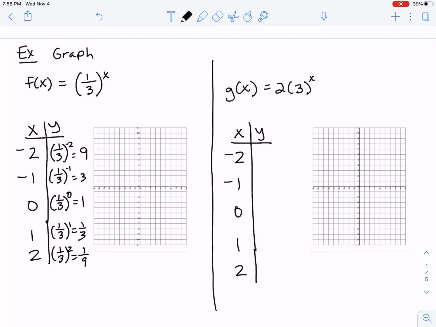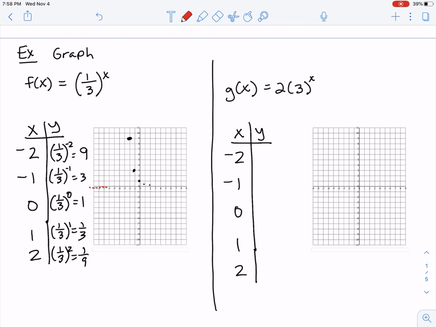So if I graph this and plot (-2, 9), (-1, 3), (0, 1), notice that's your y-intercept, (1, 1/3), (2, 1/9). Okay? Now, let me choose a different color. Let's just go red.